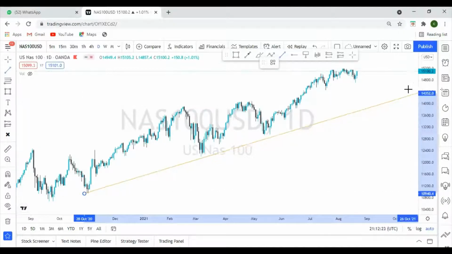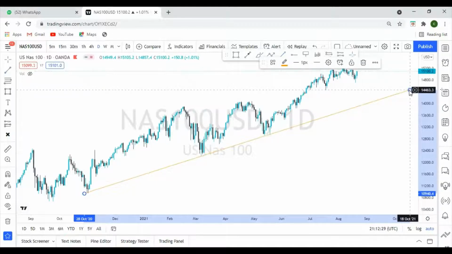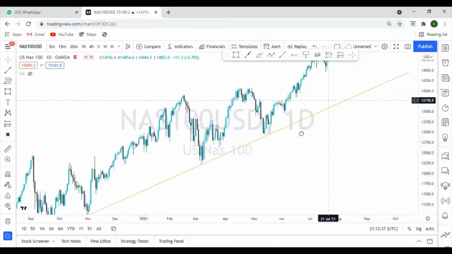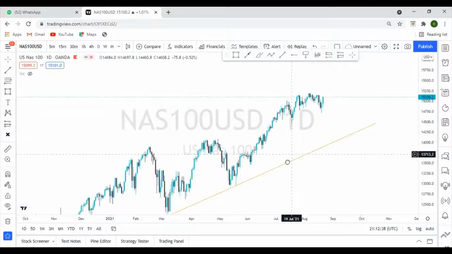This is the daily time frame. If you go to my previous videos, you know that this trend line has been holding for several months, several years. We have a major supporting trend line.